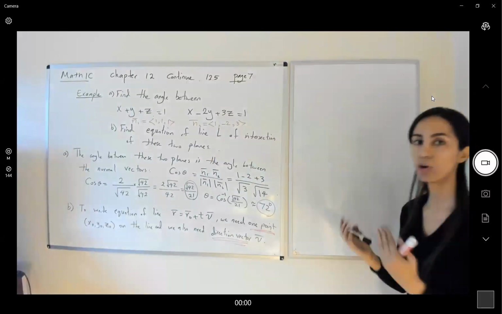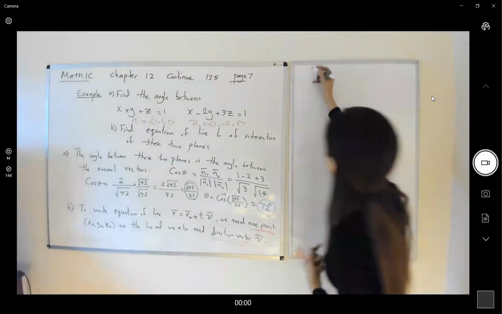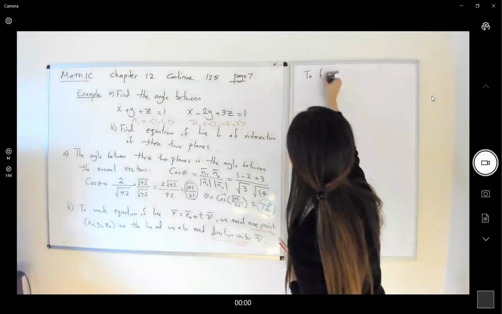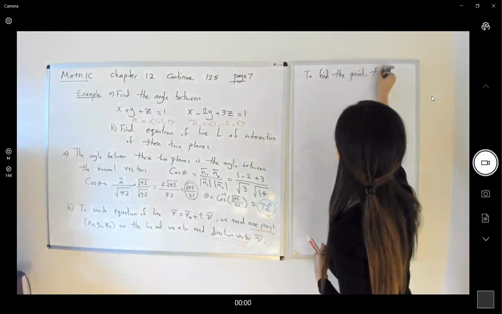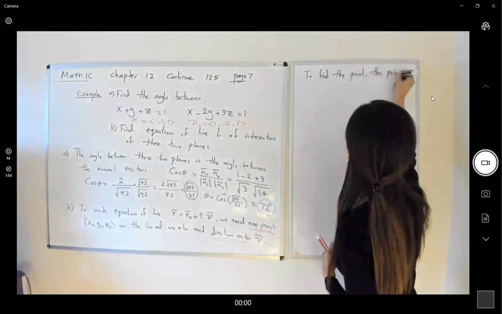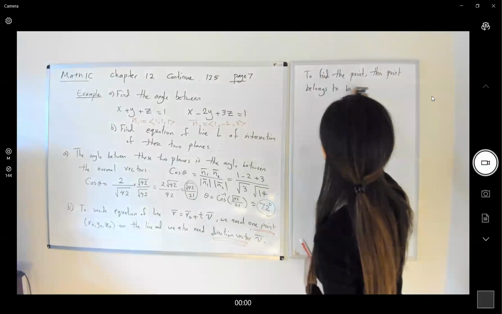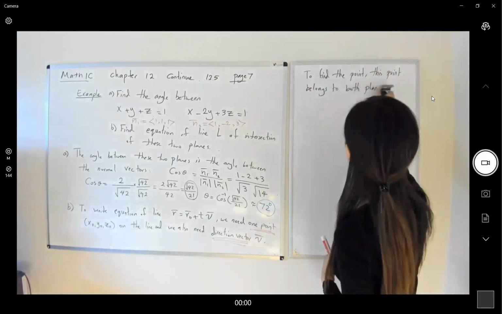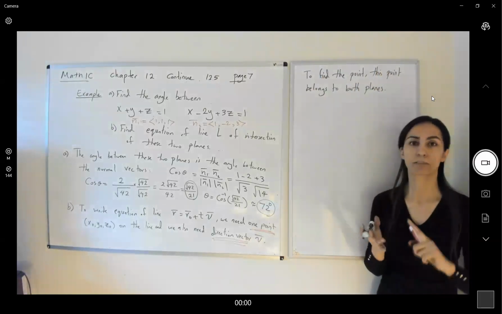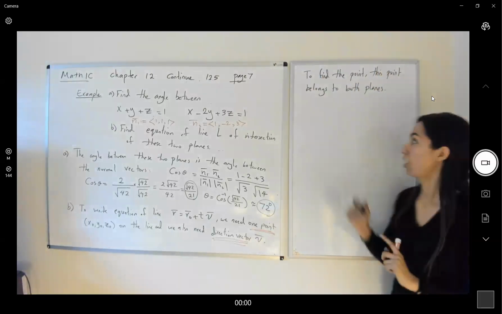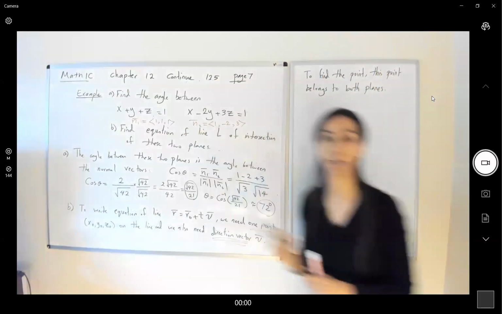So note that these two planes are intersecting. To find the point, this point belongs to both planes. So it means that x, y, and z of that point belong to these two planes.